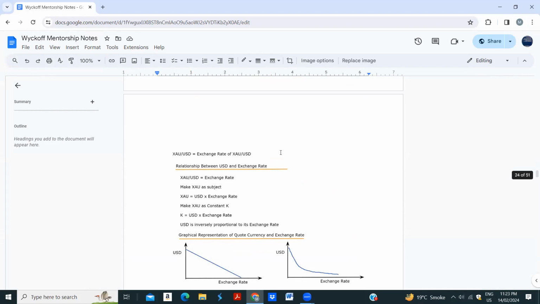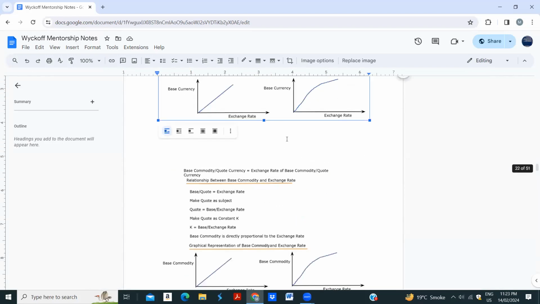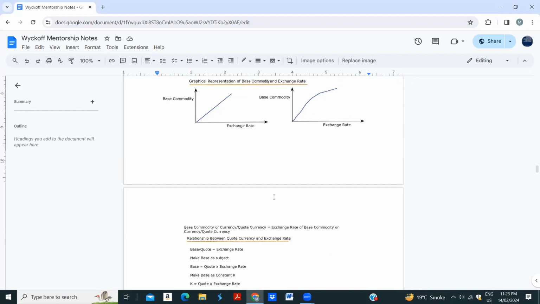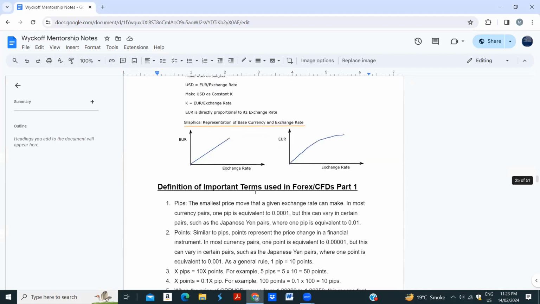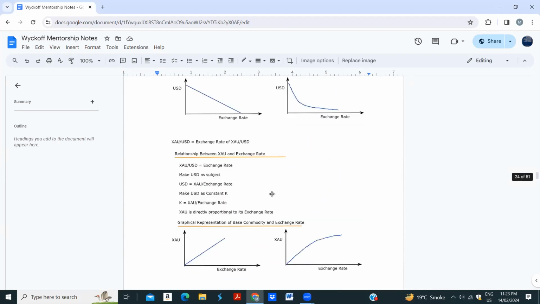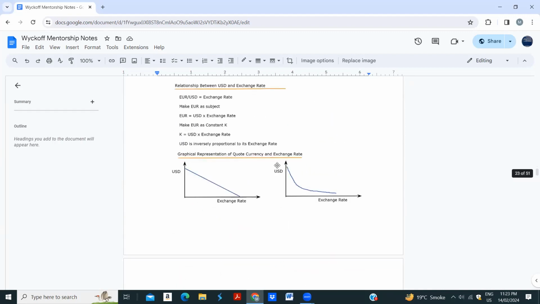Read this entire document again and again, and you will have a clear idea about the relationship between base currency and exchange rate, base commodity and exchange rate, and quote currency and exchange rate. You have to study these three relationships, and also understand the graphical representation of this. That's it.